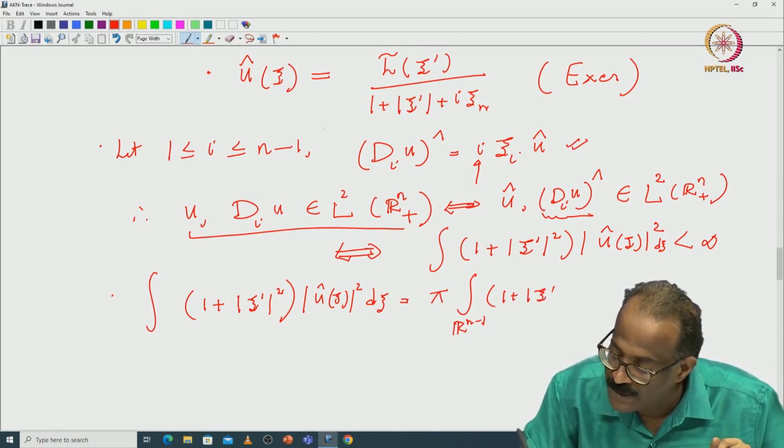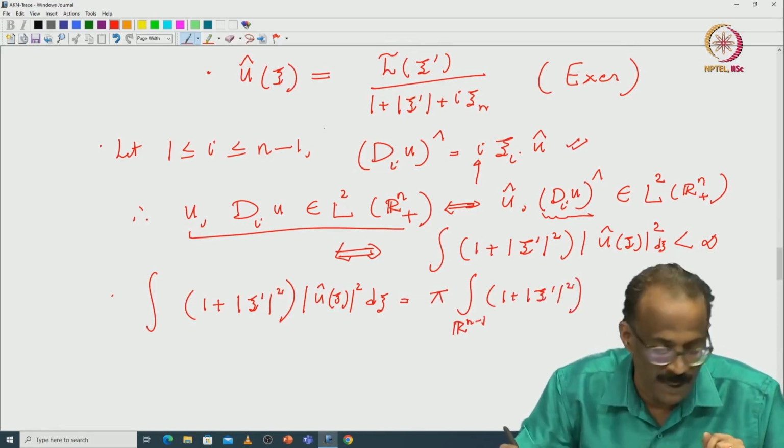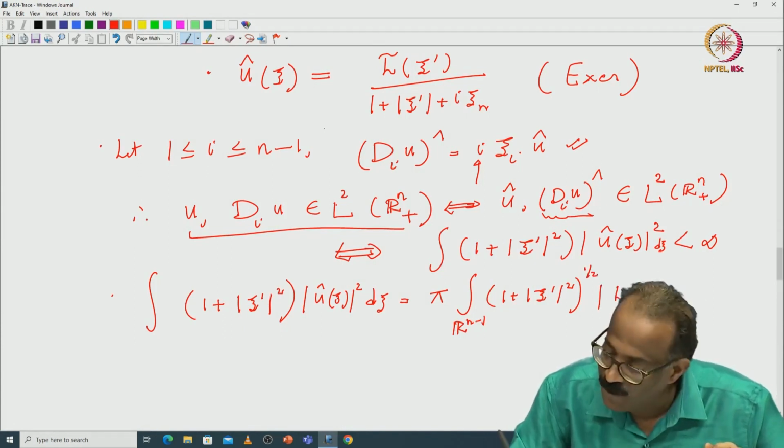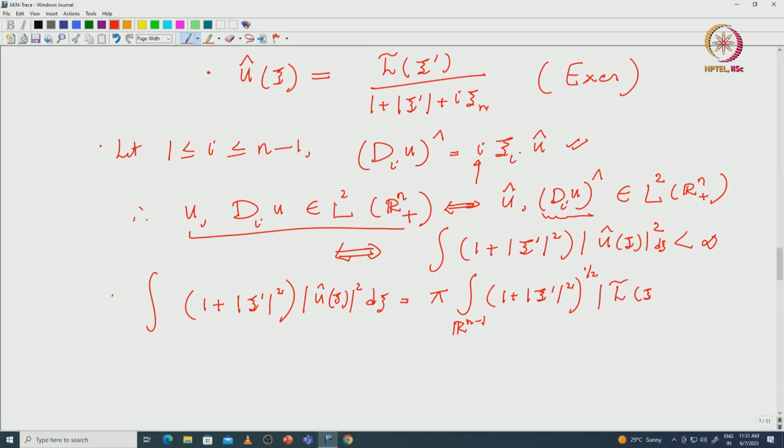Do the computations again and again. I am repeating: 1 plus mod psi prime, h tilde of psi prime squared, d psi prime. So, you see you converted the R^n integral to this one, anyway u is 0 outside.